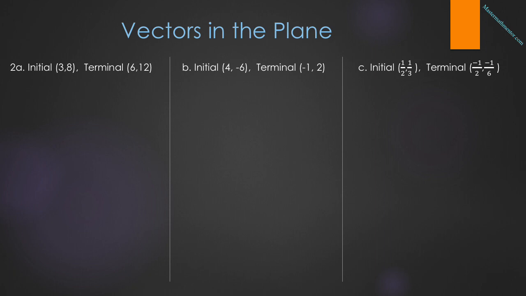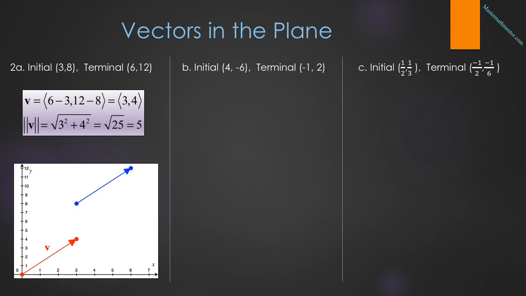In problem 2, we are given an initial point and terminal point, and we would like to write each as a vector in component form and find its magnitude. We will also graph the vectors. In A, our initial point is (3, 8), and our terminal point is (6, 12).